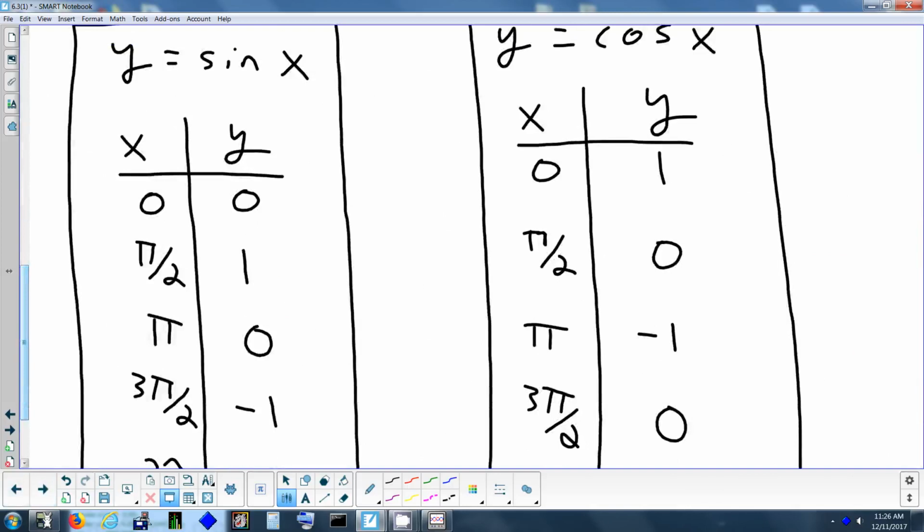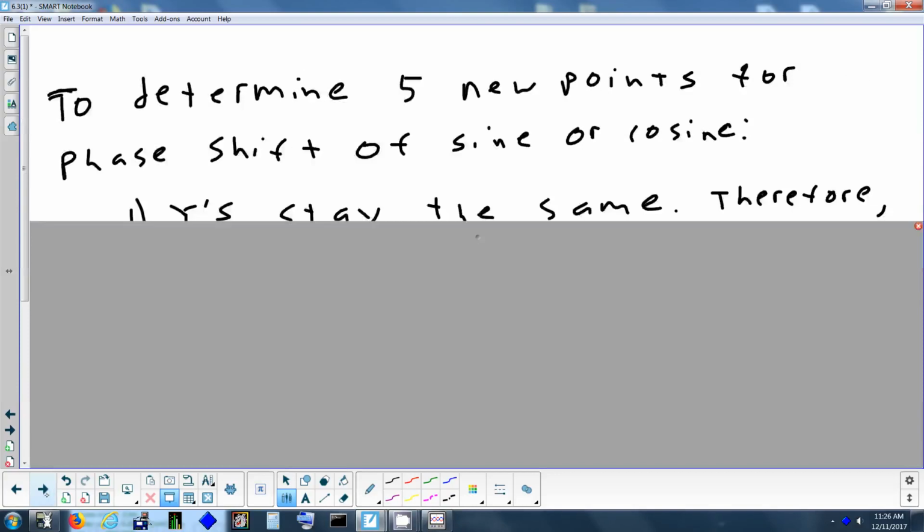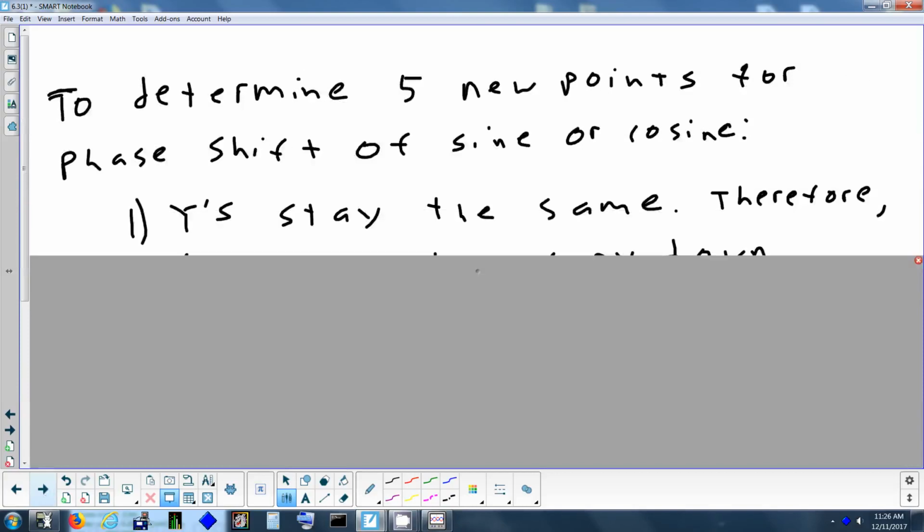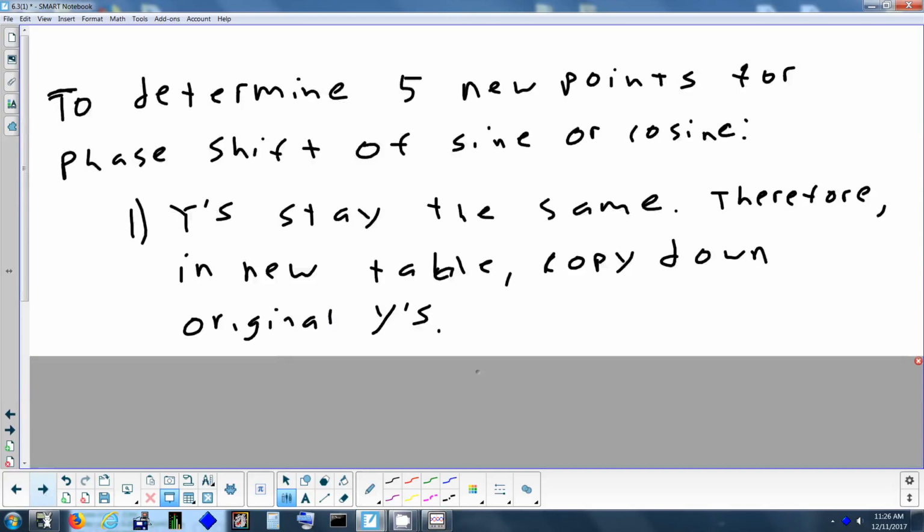So for a phase shift, you're going to be changing the X values. So if the X's are going to change, that means the Y's stay the same. Okay, so you go to your original table that you have in your notes, you copy down all the Y values, because we're not doing any change to them at all with the phase shift.